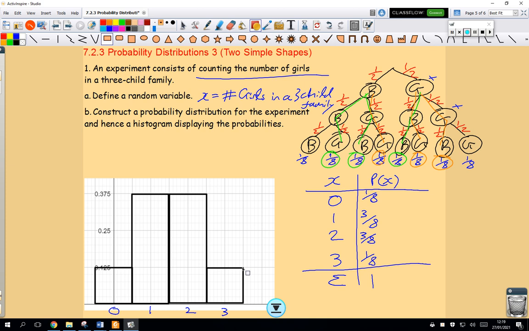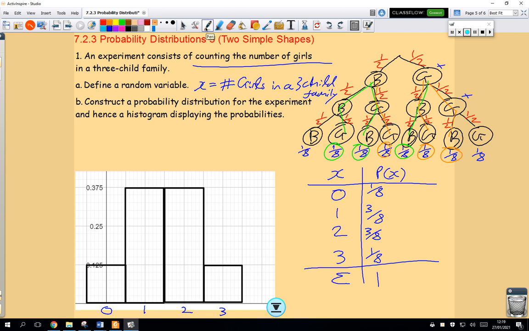Notice this distribution has a different shape. It's a different shape. But an important property of this is that it is symmetrical. So we would describe this as being a symmetrical distribution.